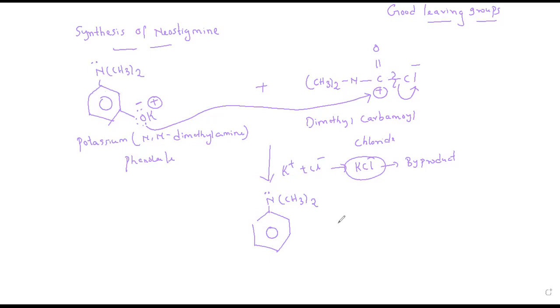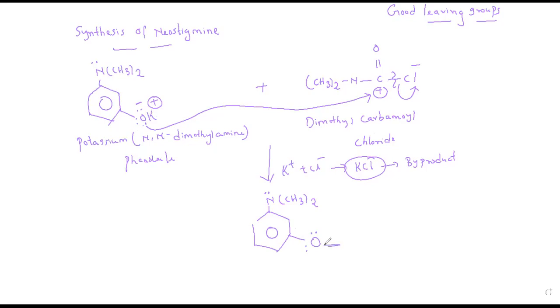Okay. So at the same time, what is another point you have to take here? Oxygen, the same oxygen I'm writing here. Now oxygen gets only two lone pairs of electrons because this extra lone pair, it has already donated to carbon. So this oxygen will form a new bond.